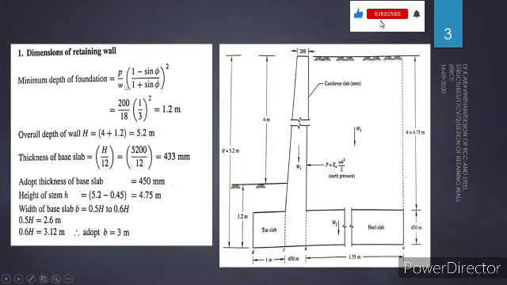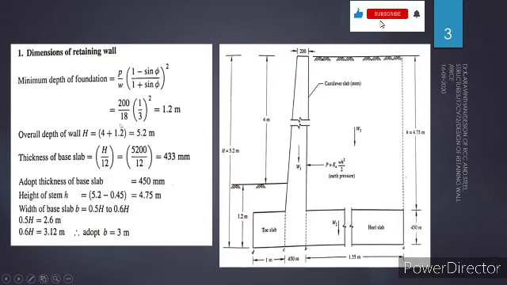So for that we will be using h = (p/w) × ((1 - sin phi)/(1 + sin phi))², the whole square. This is known as active earth pressure. For finding that, p will be the safe bearing capacity of the soil, which is given earlier as 200, and the density of the soil is 18 kilonewton per meter cube.